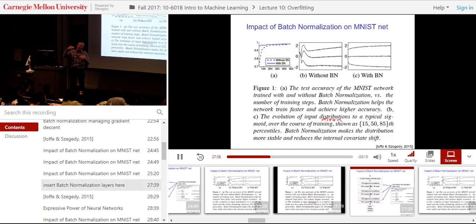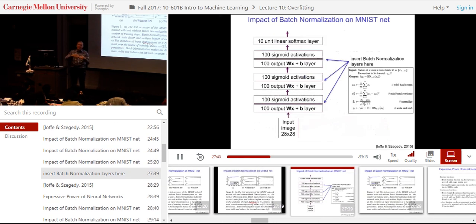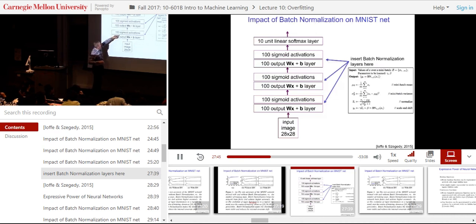So the earlier batch normalization layers will make these outputs more smooth so that these outputs won't be as jagged. Its batch normalization will make it more smooth. And throughout, you end up with much smoother gradients. And you can see that this kind of deals with the disappearing gradient issue to some degree.